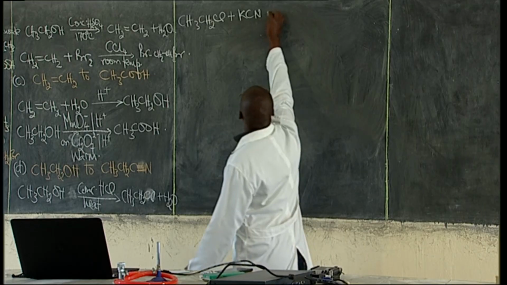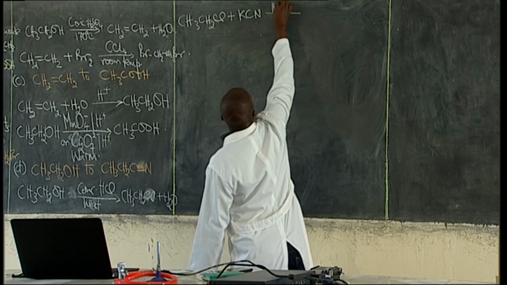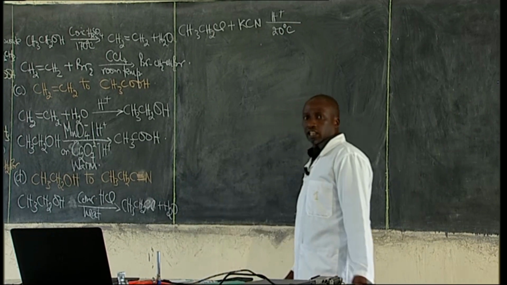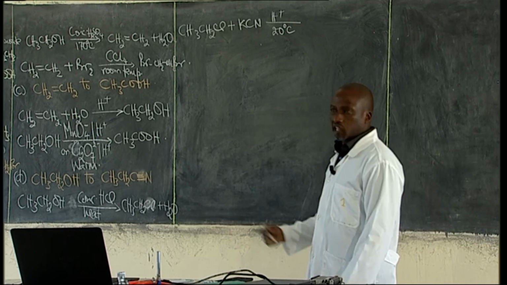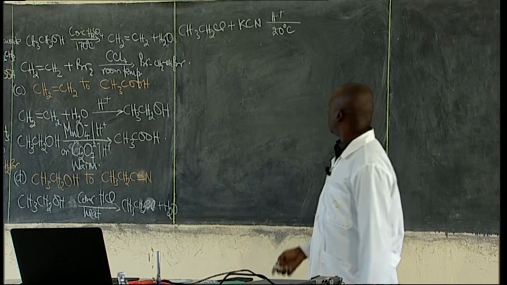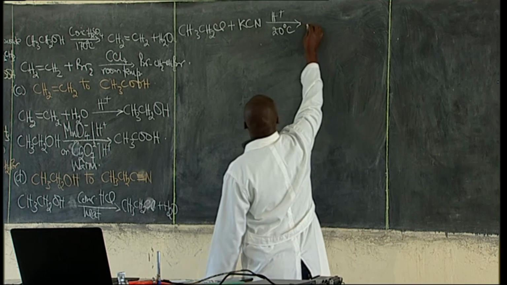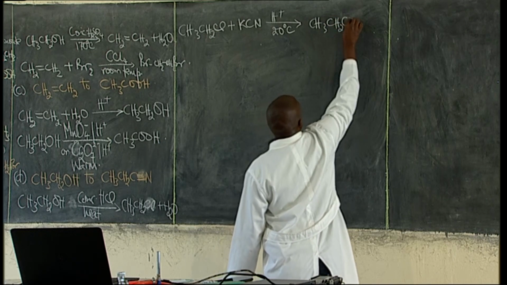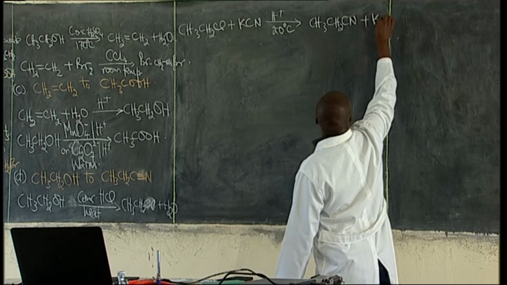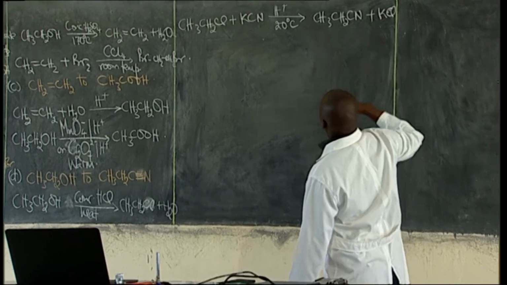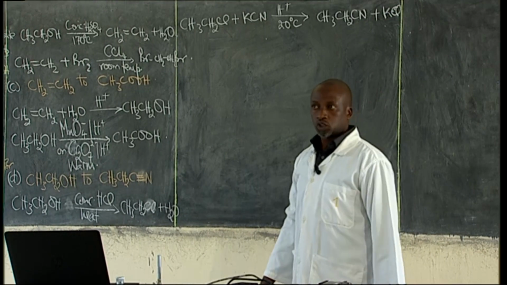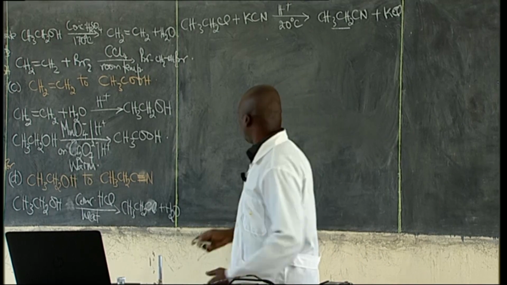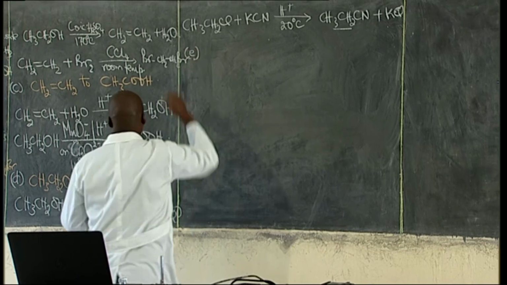In presence of an acid at around 20 degrees Celsius, that is slightly lower than room temperature, this one gives us CH3CH2CN plus potassium chloride. So the acid is a catalyst. This is propane nitrile.